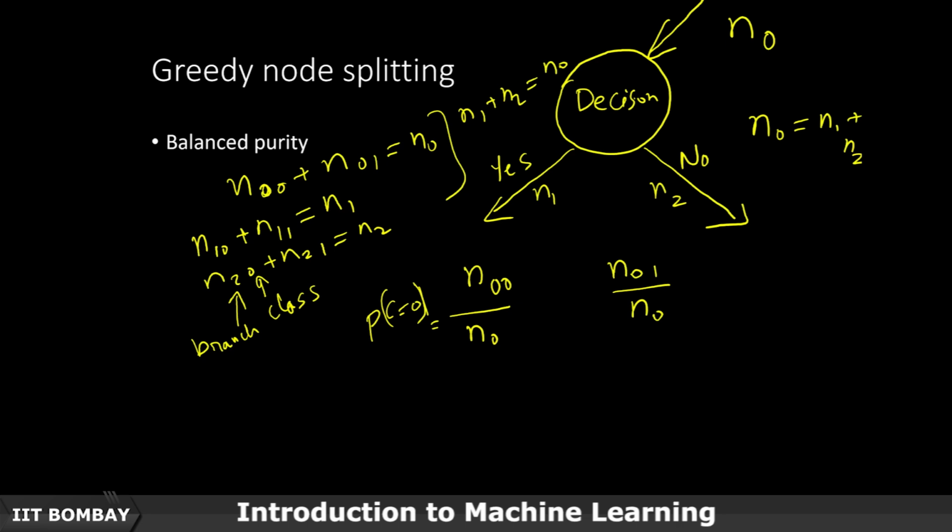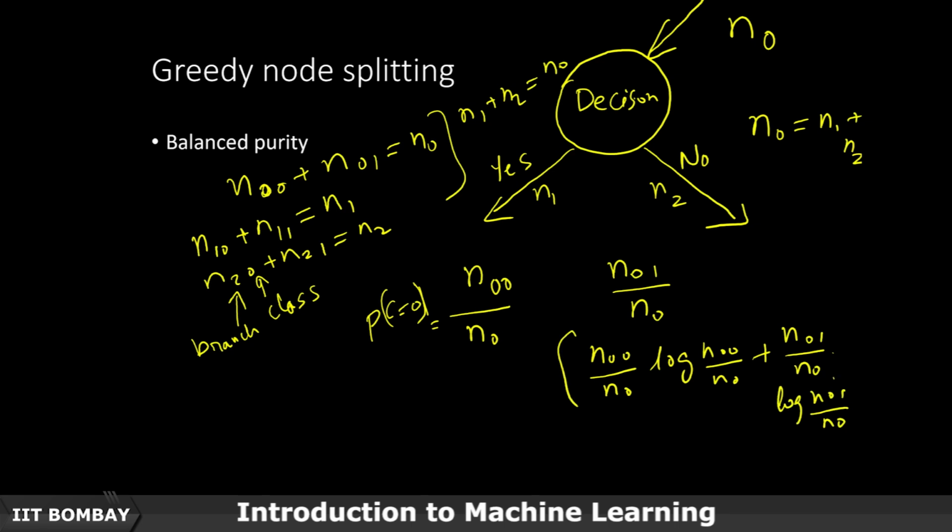The entropy is going to be n00 by n0 times the log of the same thing, n00 by n0, plus n01 divided by n0 times the log of n01 divided by n0, and we will take the whole thing and take the negative of that. So that is the entropy of the decision of the samples that are coming into n0.